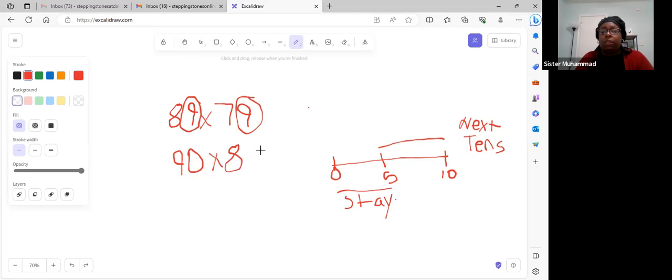And this 9 is going to simply turn into a 0. 9 times 8 is 72. And then we're going to move, not add, but move our zeros. And our answer will be 7,200.